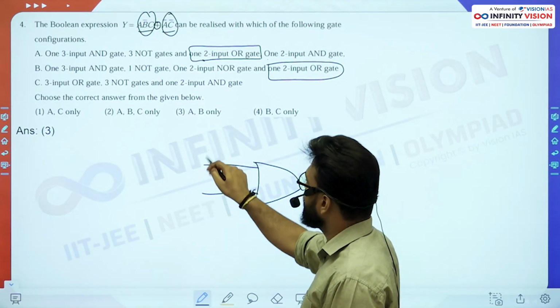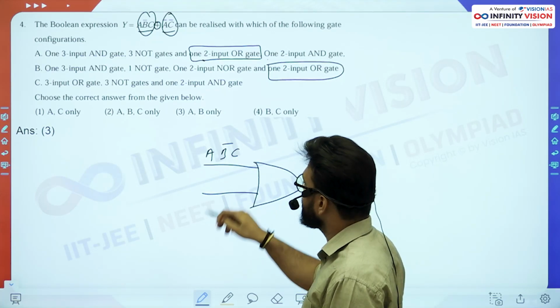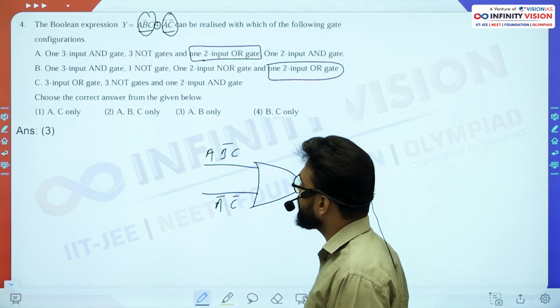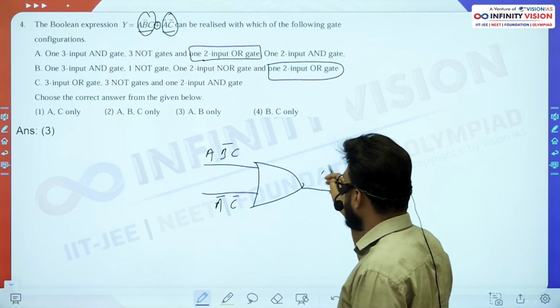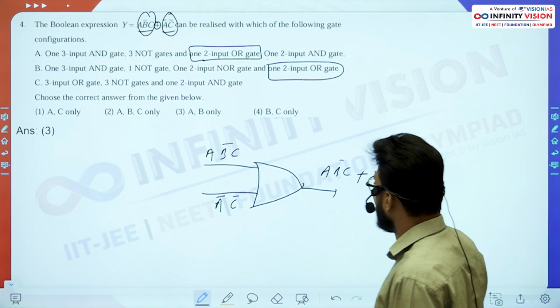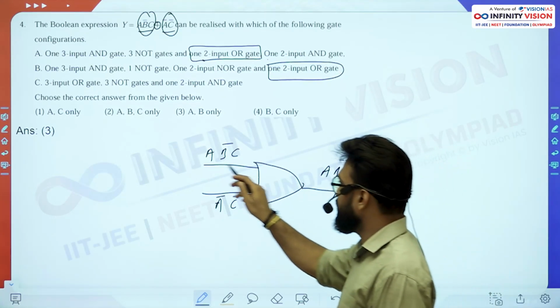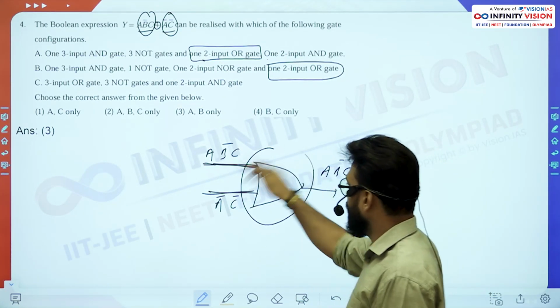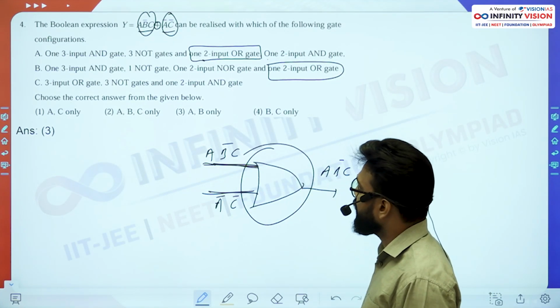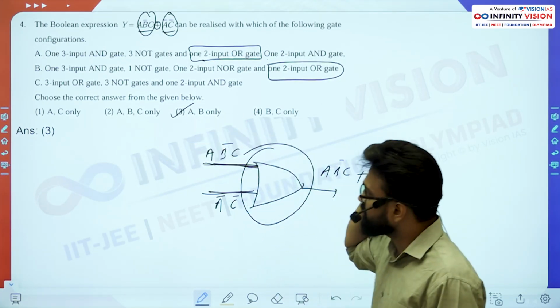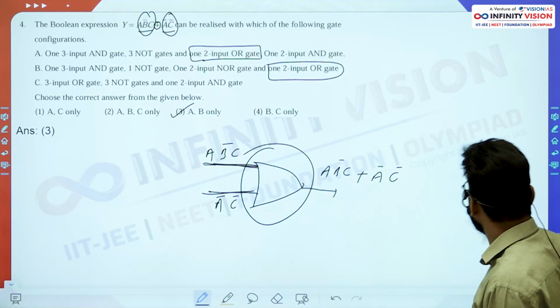So here A, B and C will be coming from here, and A naught, C naught will be coming from here. So finally we will get this expression, the final answer. That means you will need a 2-input OR gate first. So which option is correct? Only options A and B are correct, that you must get.